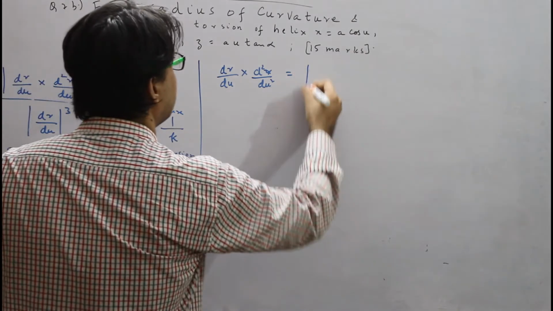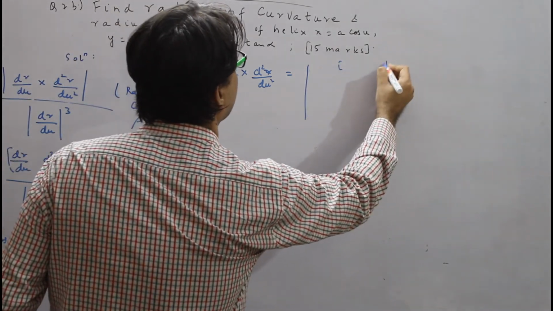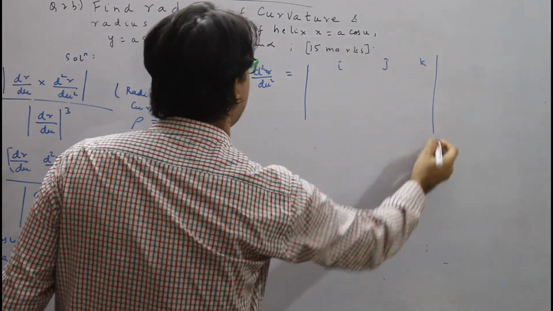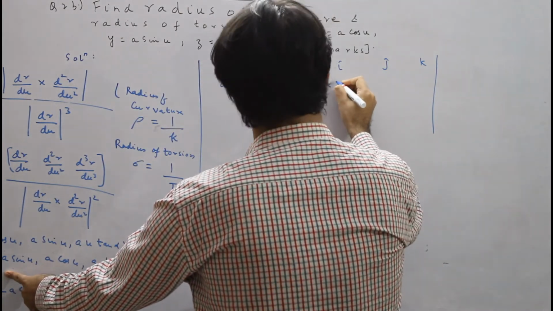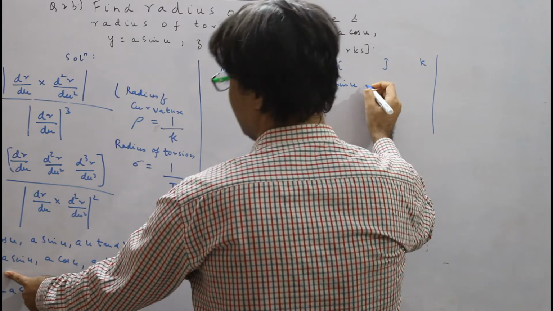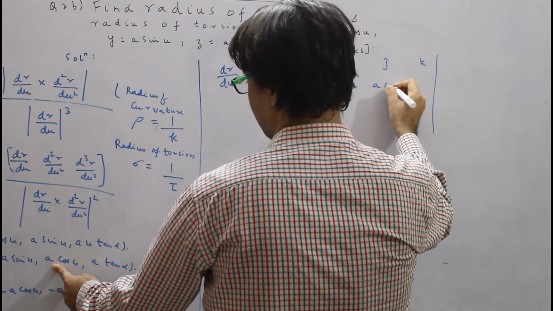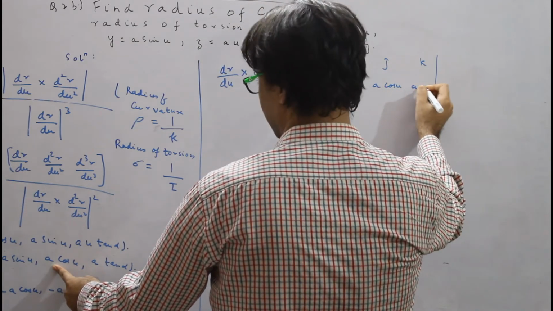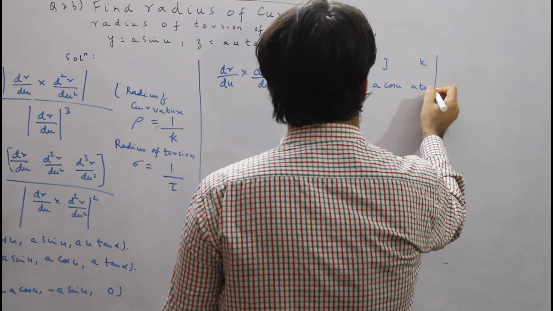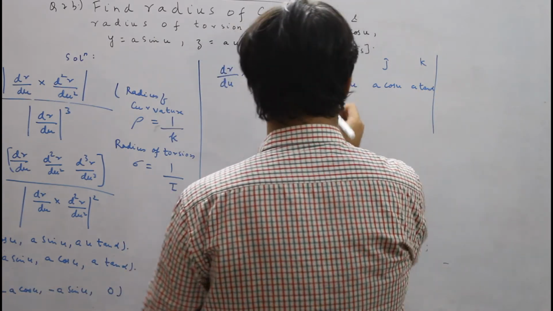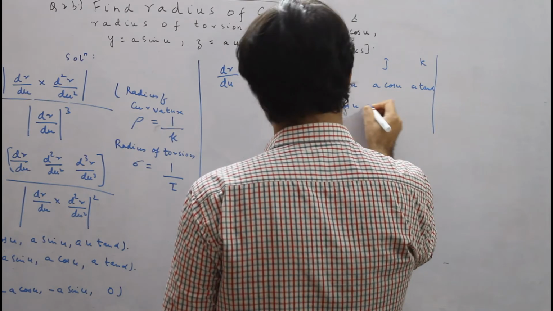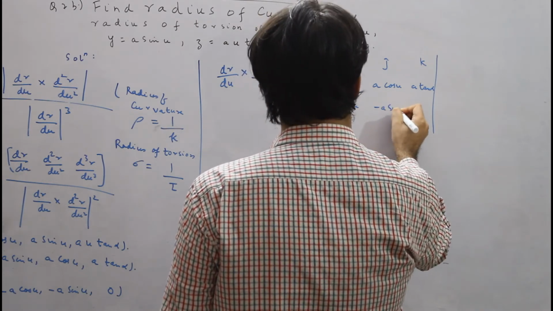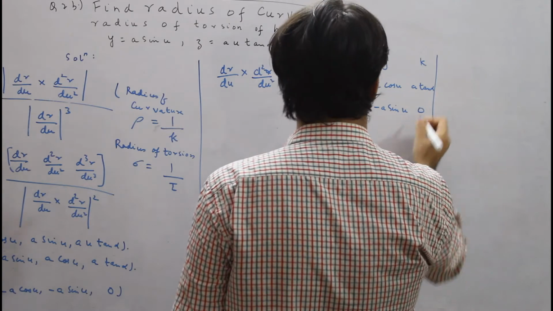So I can write this as i, j and k, and I can write my values from here. First it is minus a sin u, a cos u, a tan alpha, and this is minus a cos u, minus a sin u and 0.